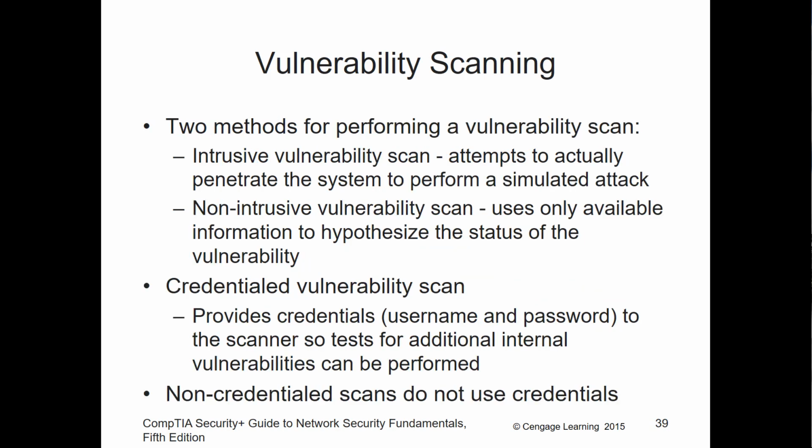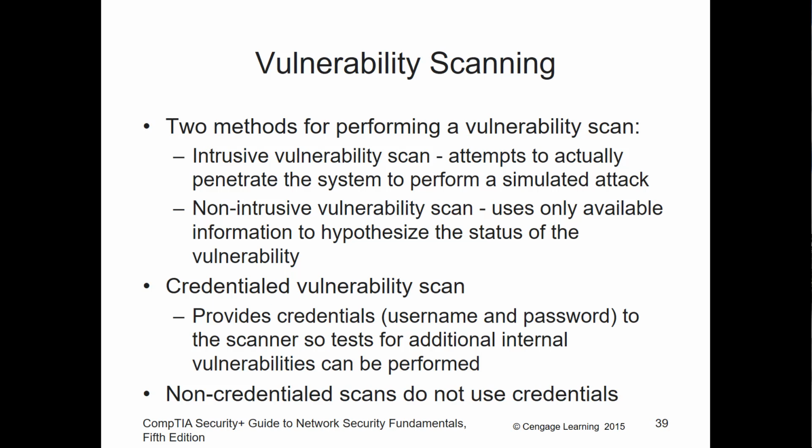Two methods for performing a vulnerability scan: intrusive and non-intrusive. An intrusive vulnerability scan attempts to actually penetrate the system to perform a simulated attack. A non-intrusive scan uses only the available information to hypothesize the status of the vulnerability. Normally when I do this, I'm doing intrusive scans with permission.